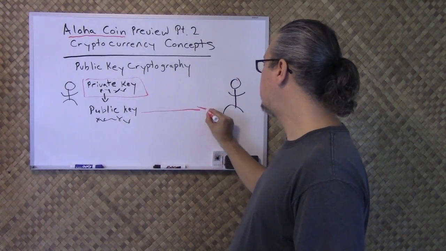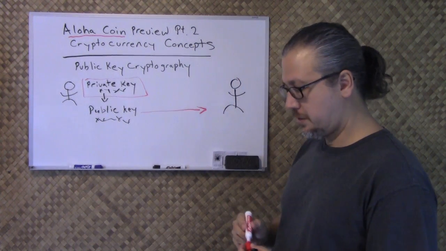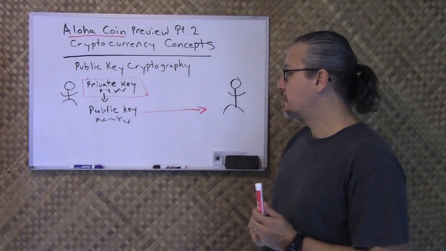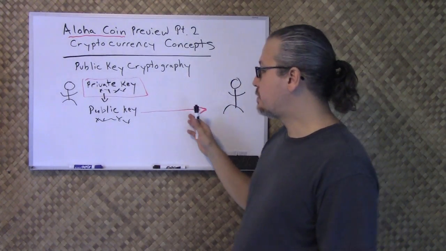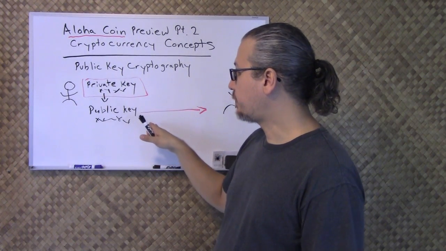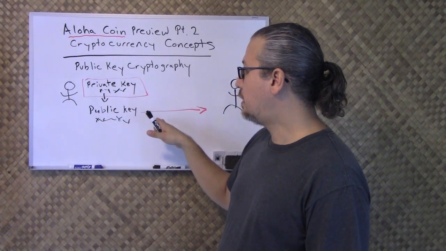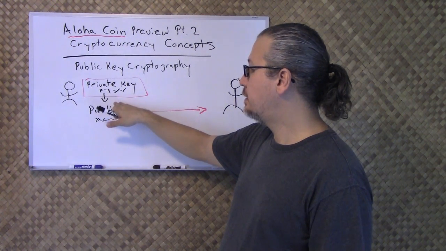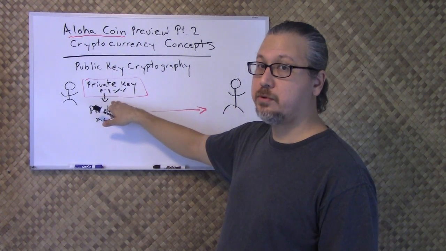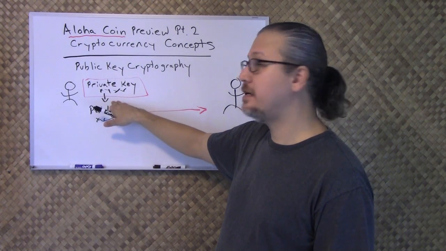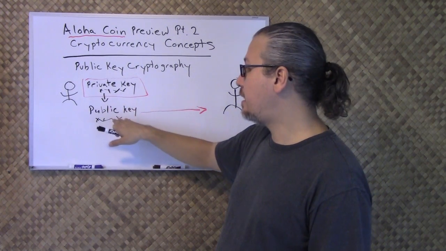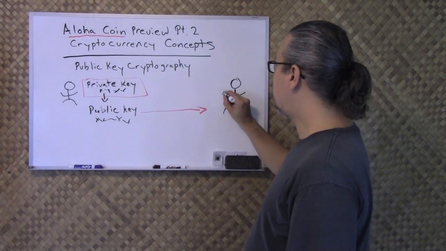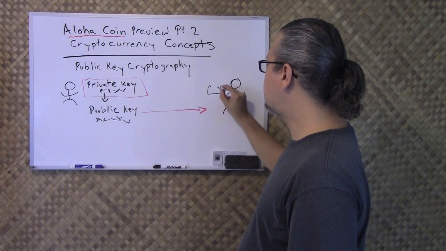So you can send it to so-and-so. Okay? Now, the way this works is that only the possessor of the private key can decrypt the message if there's an encrypted message sent.